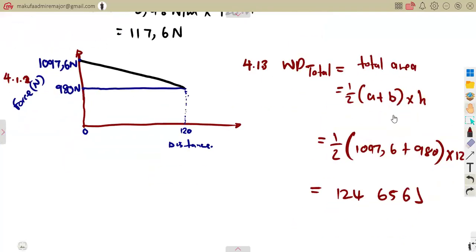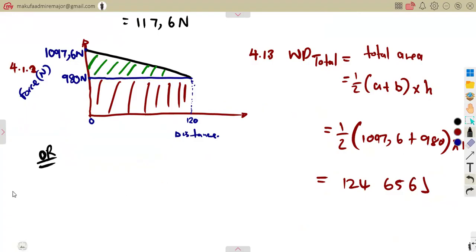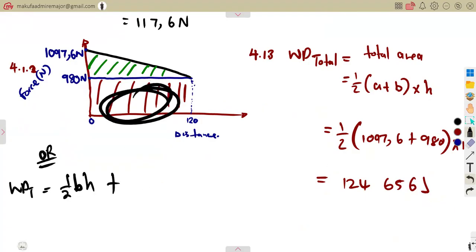But since this is the area, you can also consider the shapes differently. We've got a triangle on top. We also have a rectangle here. So you can also consider calculating these areas separately. The area of a triangle is half base times perpendicular height. The area of a rectangle is base length times width, or length times breadth.